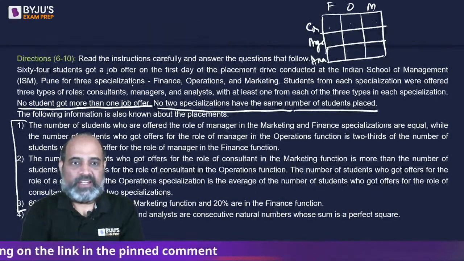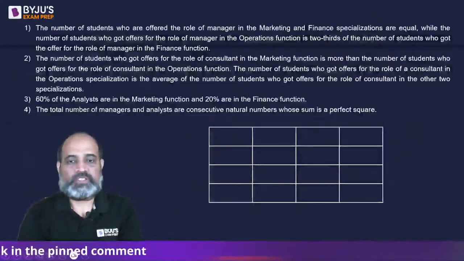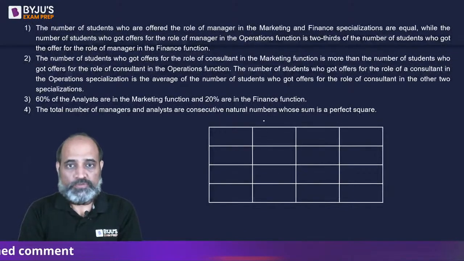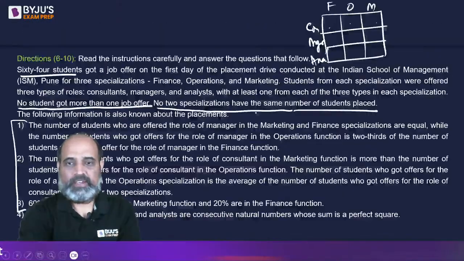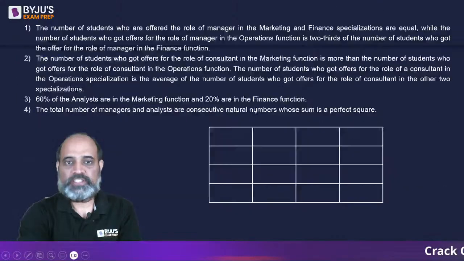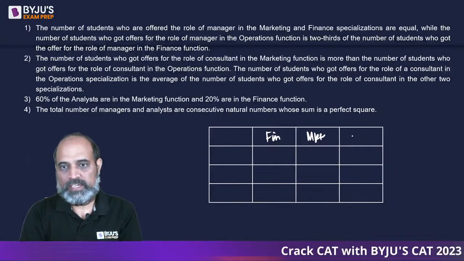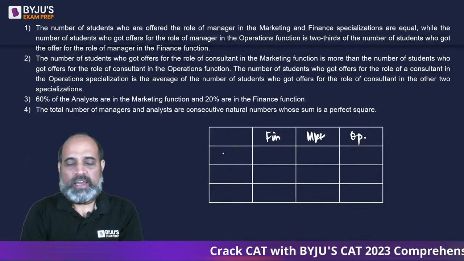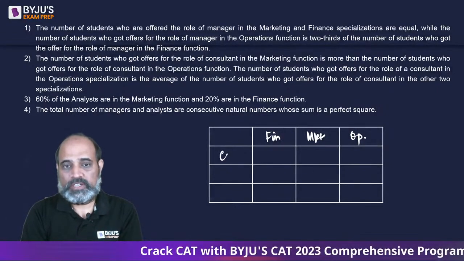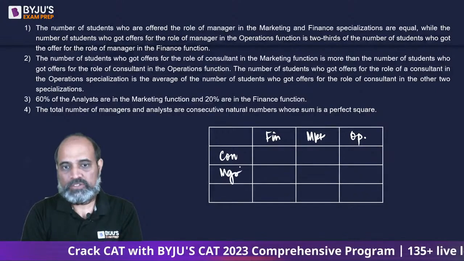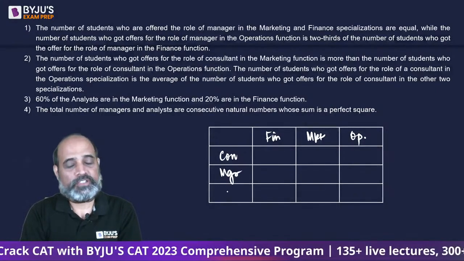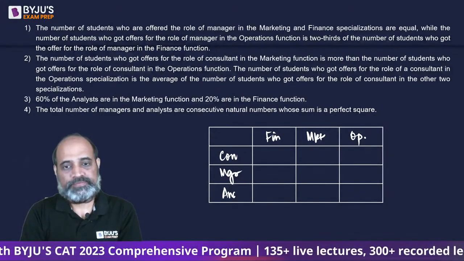So if you remember, there are a total of 64 students. Okay, so we have the specializations as finance, marketing and operations. So this is finance, this is marketing, this is operations. And then we have got consultants, managers, and analysts, right?